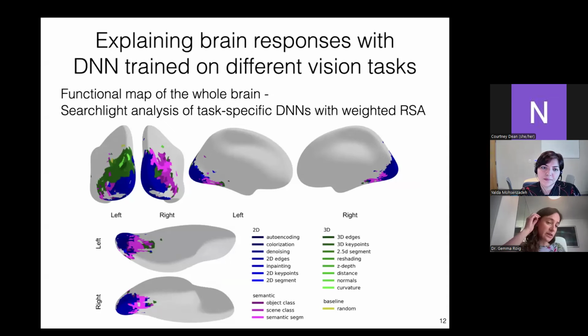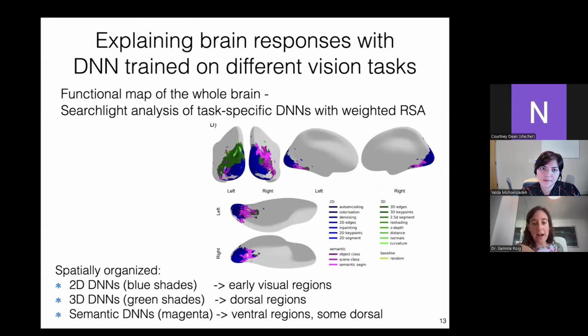So the second observation that we have is that the models that are related to 2D tasks, like for instance detecting edges, key points, and so on, mainly correlate the most in the early visual cortex, which is also something that is well known in the literature.